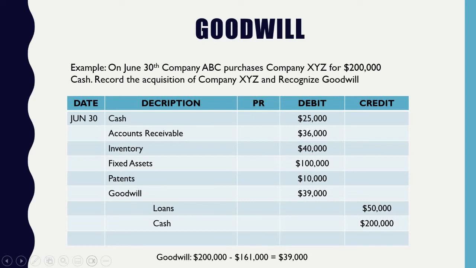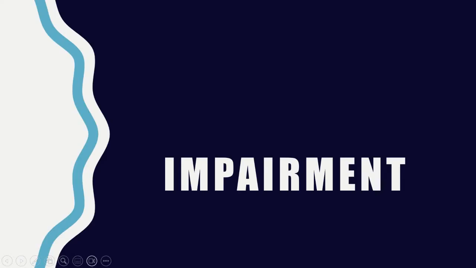So therefore, I gained $39,000, right? Because remember, the book value was 132, the fair market was 162, or so 161. So therefore, I'm going to gain goodwill for $39,000. Right? I'm creating invisible value for this company.